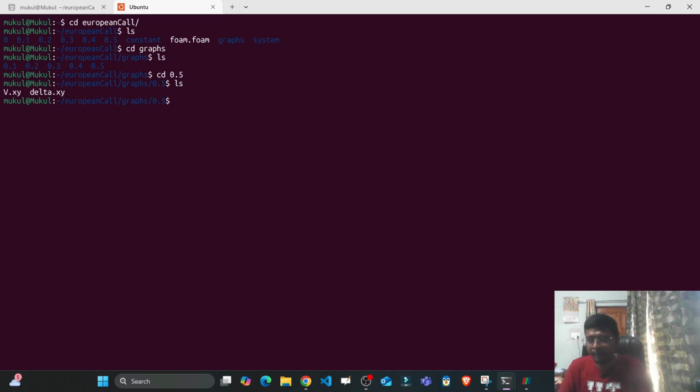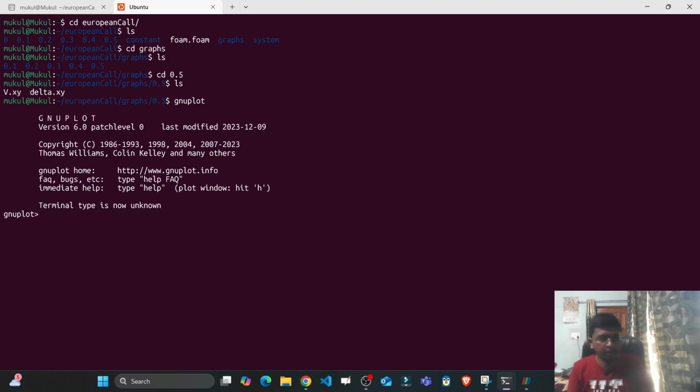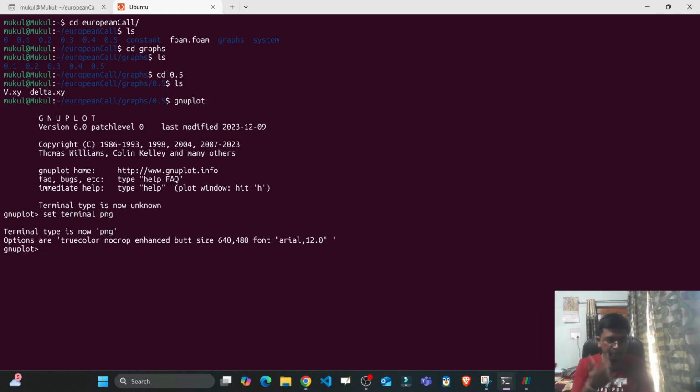I'll be using GNU plot. First we have to go inside GNU plot, and then we have to set the terminal to PNG. Then you can simply type this one to get a plot, but it will not give titles to the axes.